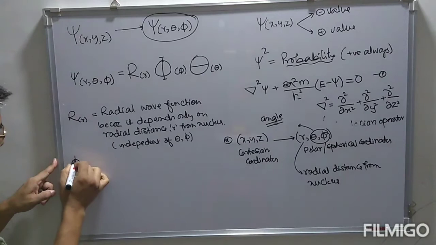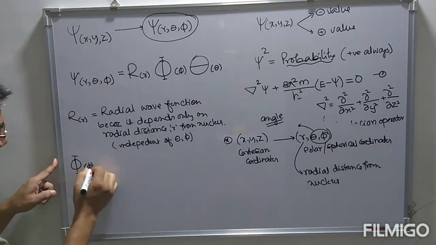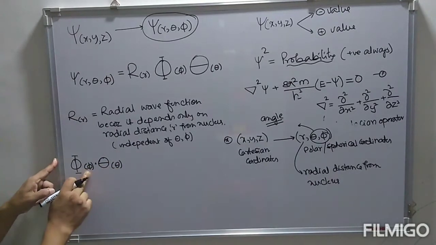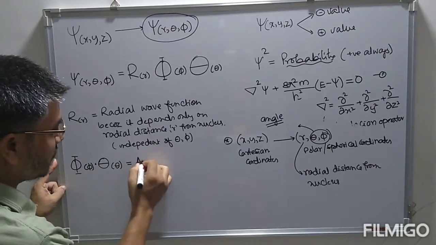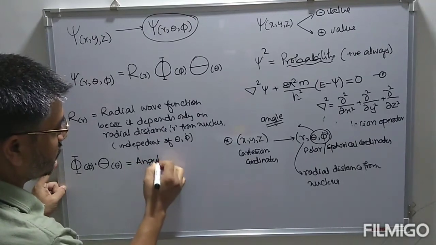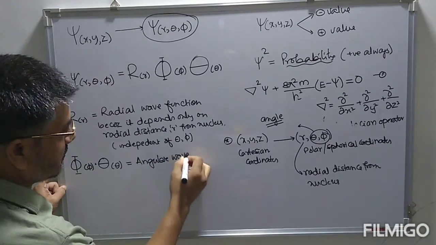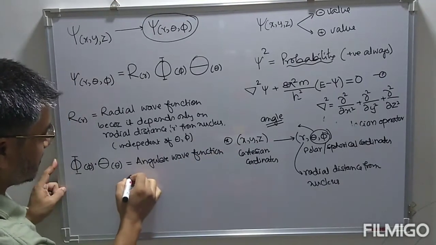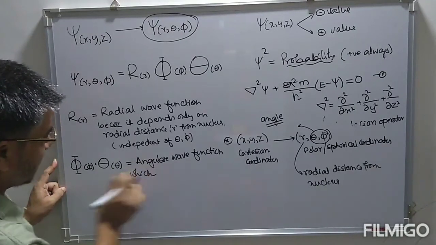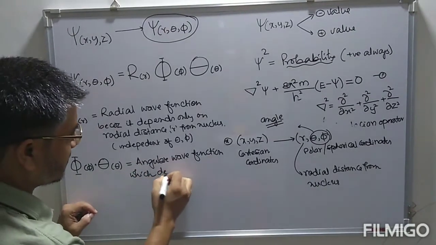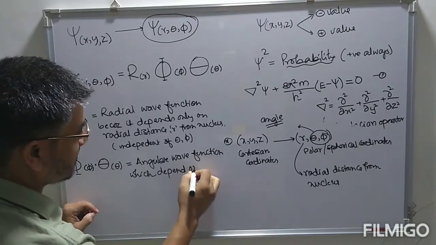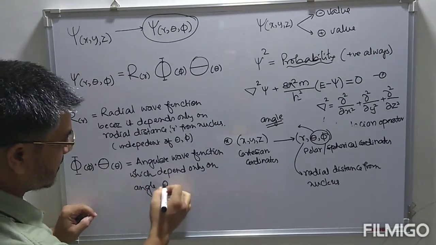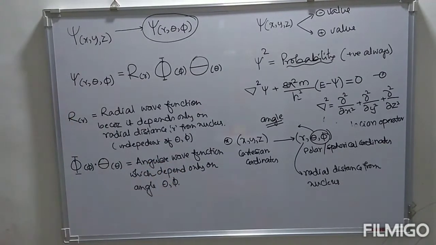The theta function and phi function, which depend on the angles theta and phi, are known as the angular wave function, which depends only on the angles theta and phi.